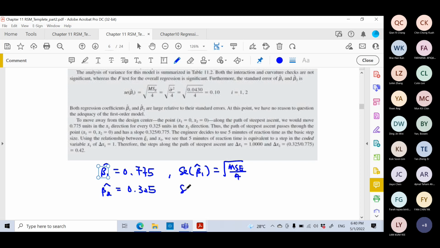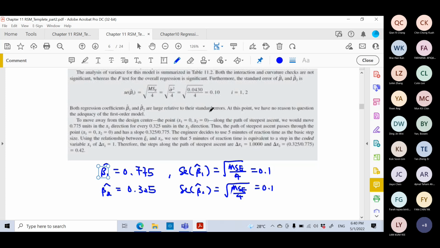Similarly, the standard error for beta 2 will also equal the square root of the MSE divided by 4. So this one is the value 0.1, and this one also 0.1. From here, they are relatively large compared to the standard error.